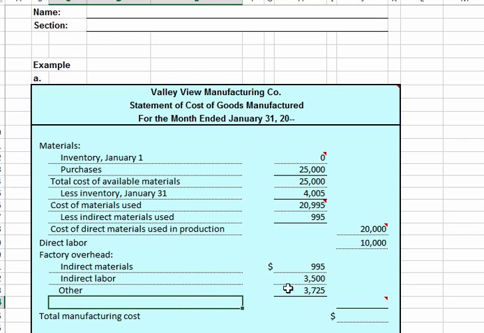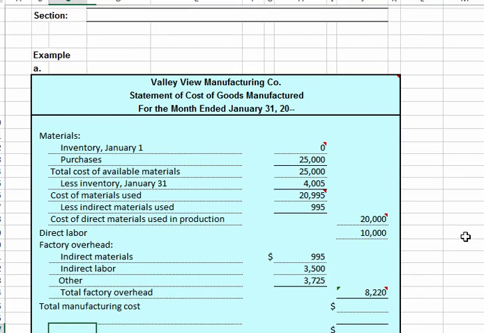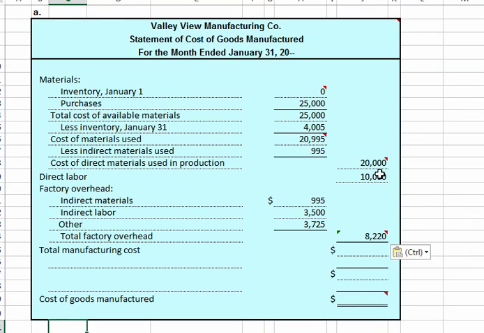Okay, and then we're going to add these three together to get total factory overhead. And in our example, that's $8,220. So we now have our three costs of manufacturing the product. Direct materials cost for what we actually produced in the month of January here was $20,000.